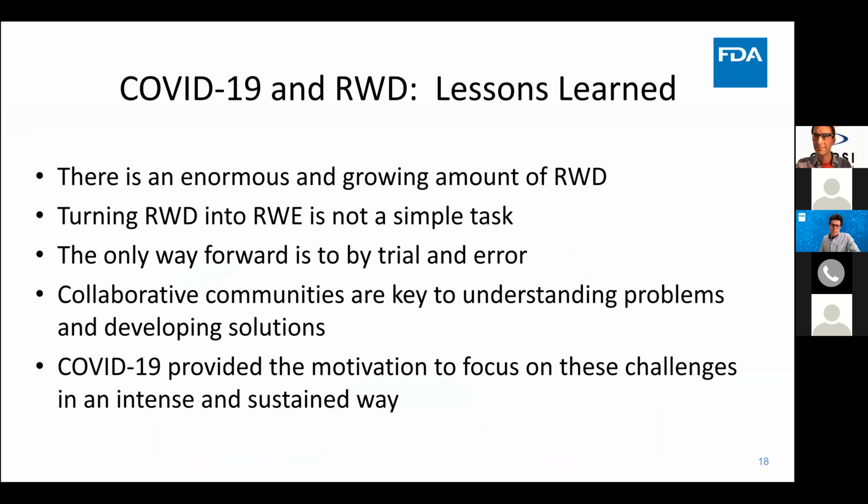As we've discovered through the work of the Evidence Accelerator and hundreds of talented collaborators, the best way forward is somewhat by trial and error: identifying important questions, making the effort to generate data to answer those questions, and through that learning more about what you can and can't do with real-world data.